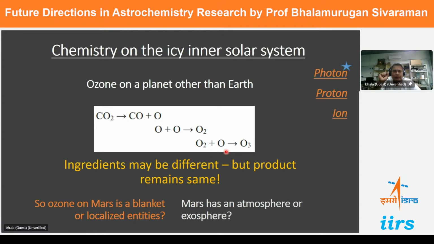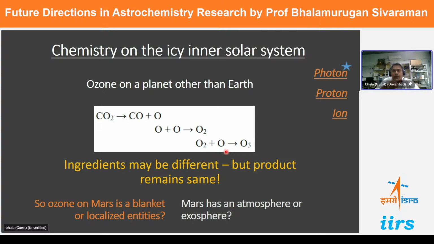Okay, right. But is ozone helping the surface of Mars by covering it, with vacuum ultraviolet photons not reaching the surface? Certainly not, because the density is very low.